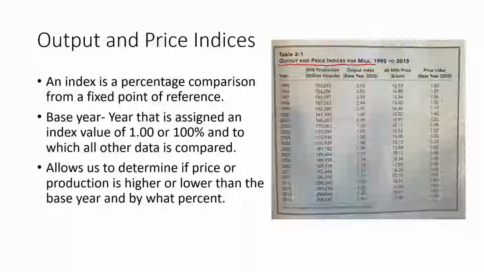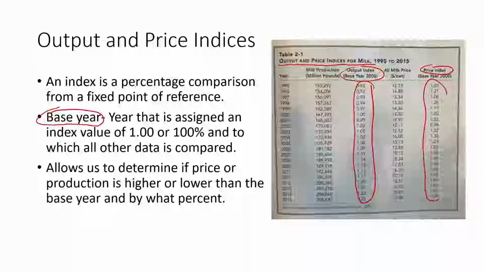The first thing that we need to do is identify our base year. Our base year is the year to which all of the output indices, as well as all of the price indices, are compared. In this example, all we have to do to find our base year is look for the year that has an index value of 1.00.